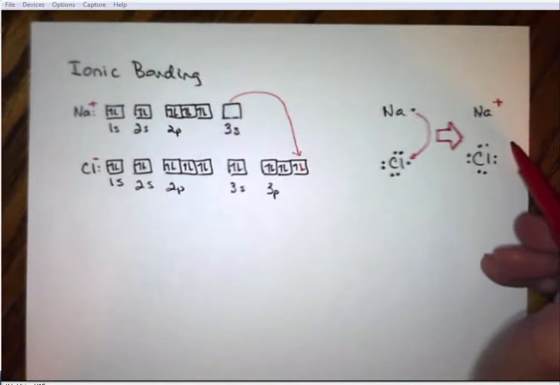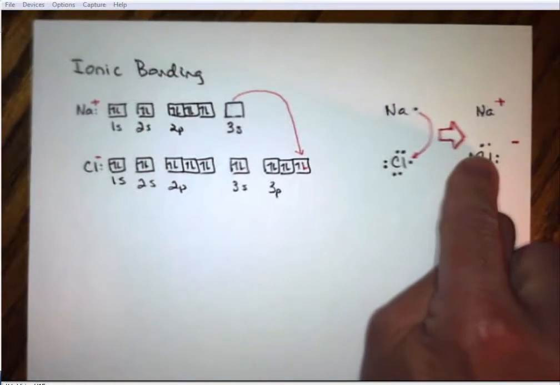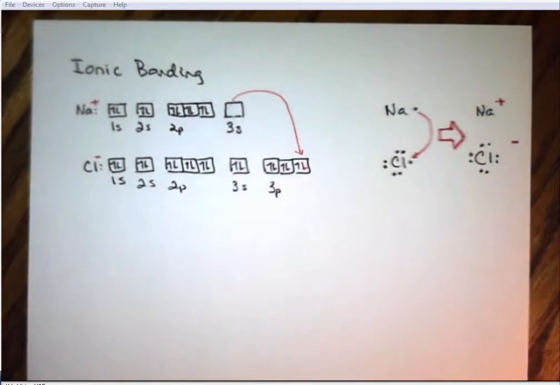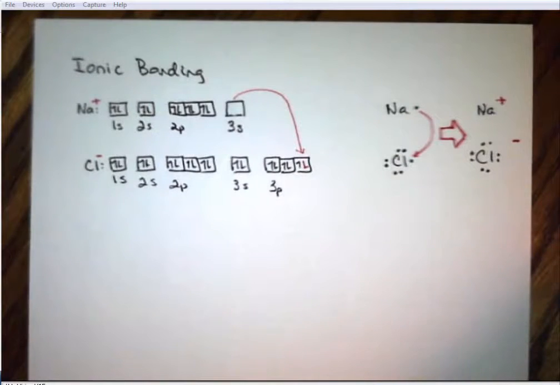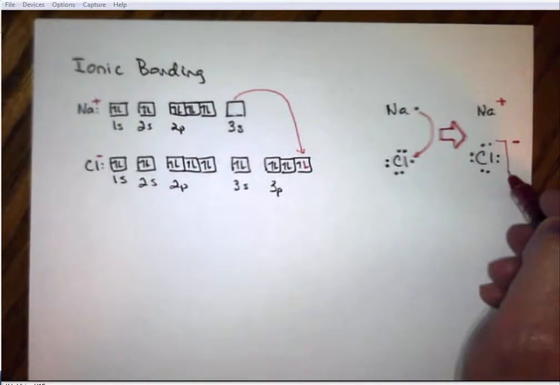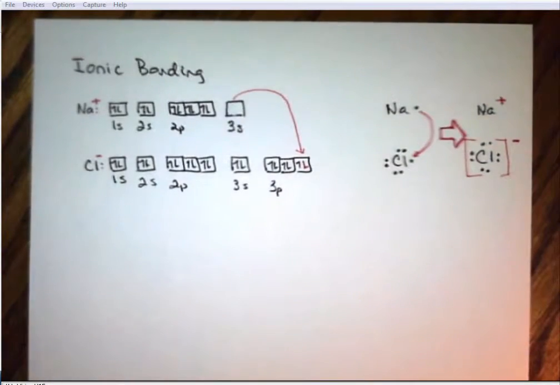I'm going to put it over here and kind of out of the way a little bit, because if I just put that negative up there, it's not clear whether that negative only applies to an extra electron or if it applies to the whole thing. Since it applies to the whole thing, I really need a way of showing that, and I'll do that by putting a bracket around it with the negative sign outside so that you can see that negative charge applies to the whole chloride ion.